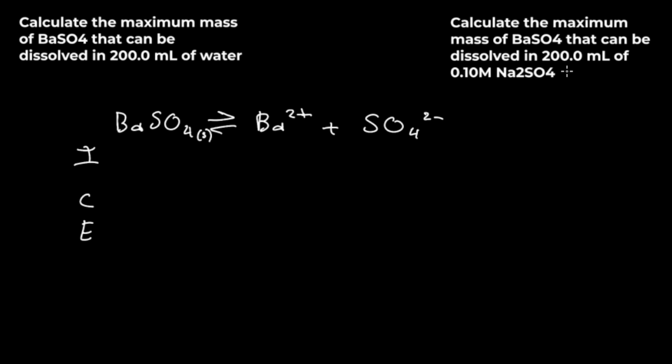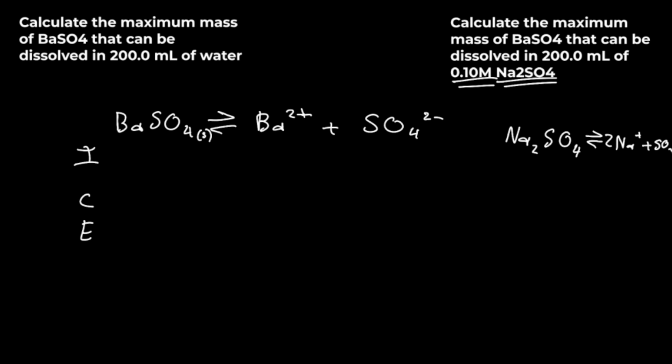But we do have these. So starting out, we have a solution of Na2SO4, and it has 0.10 molarity. Na2SO4 is in a 1 to 2 to 1 ratio.